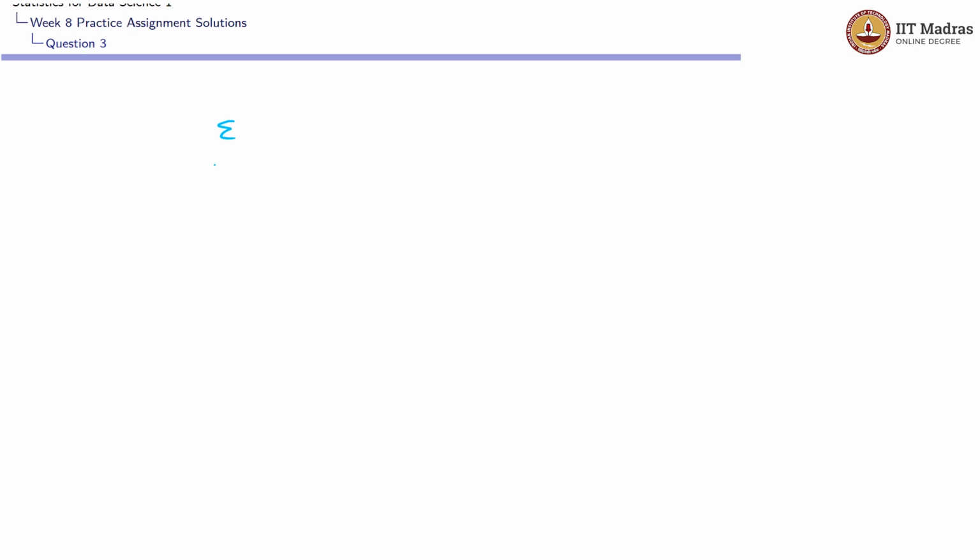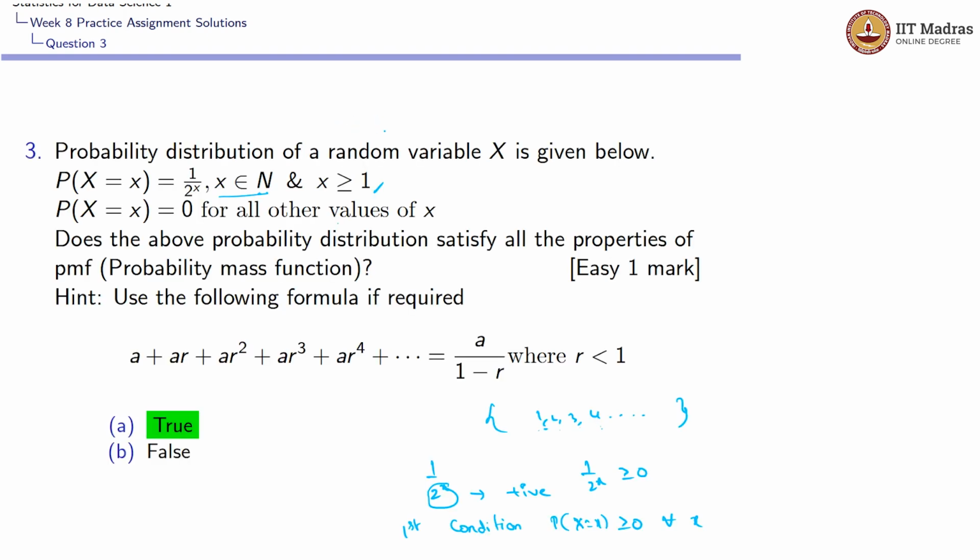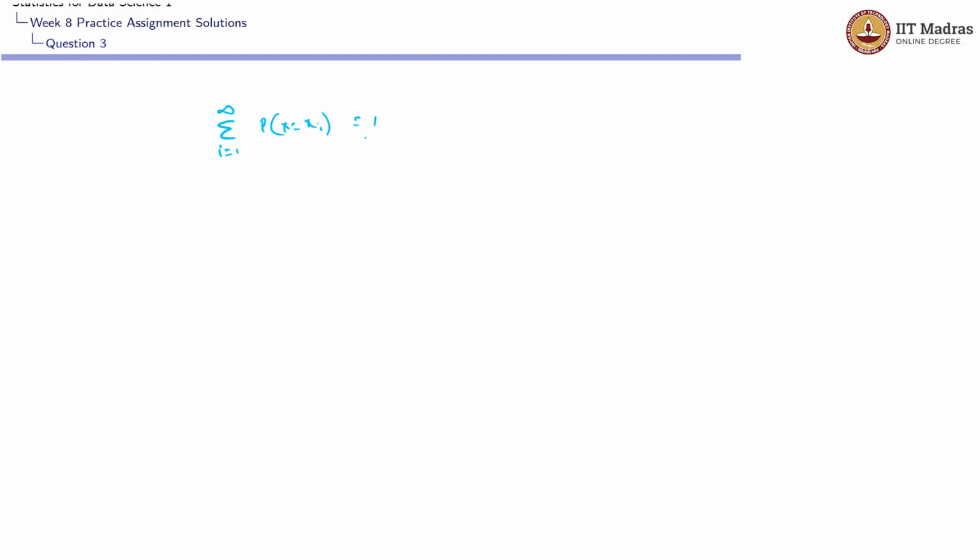That is, sigma of i equals 1 to infinity, P of X equals xi should be equal to 1. So for the values of x equals 1, 2, 3, 4 and so on, the sum should be equal to 1, because for the remaining it is equal to 0 and it won't count.